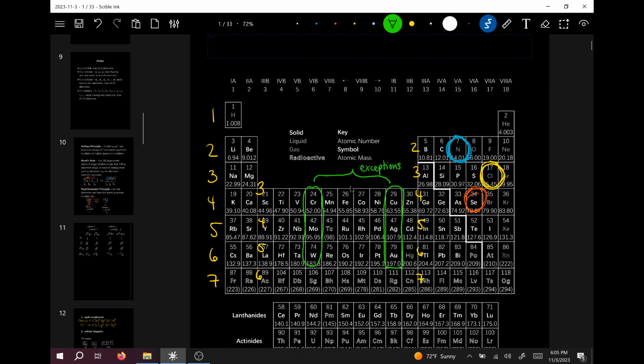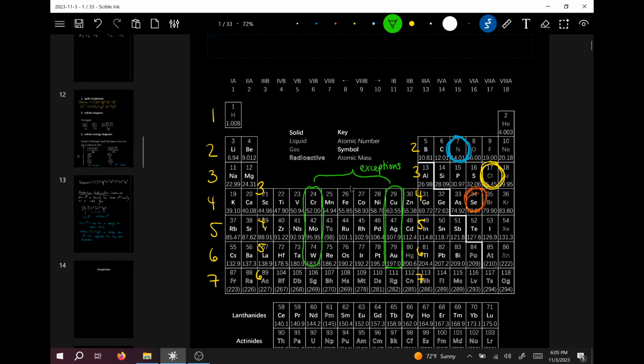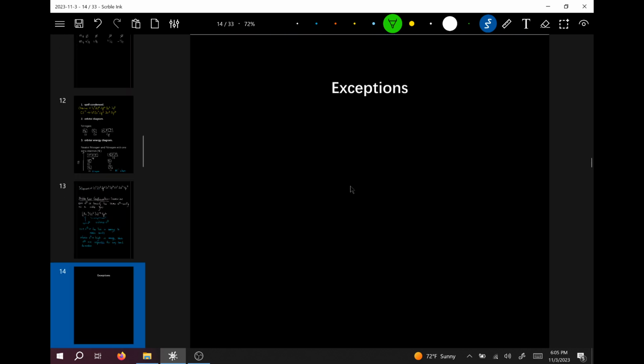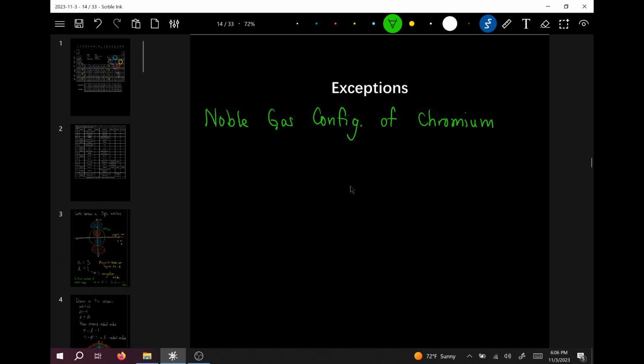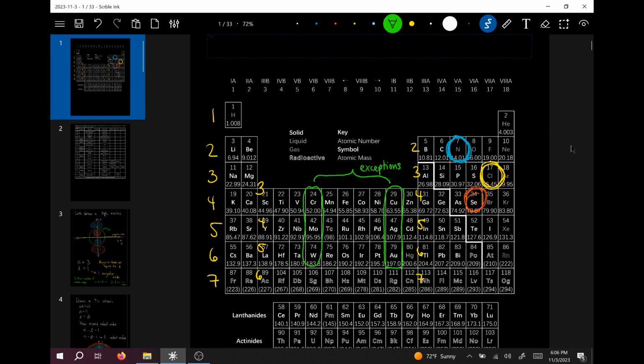Let's choose chromium as our example. I want to write down the noble gas configuration of chromium. So if I go back to the periodic table, the previous noble gas to chromium, element number 24, is argon again.